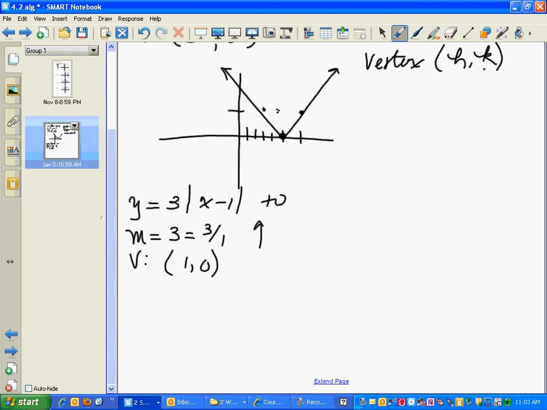Are we comfortable with that? Okay. Here's 1, 0. From this point, I travel what? Up 3 and then left or right 1. So up 3 and then right 1 and left 1 from that up movement.